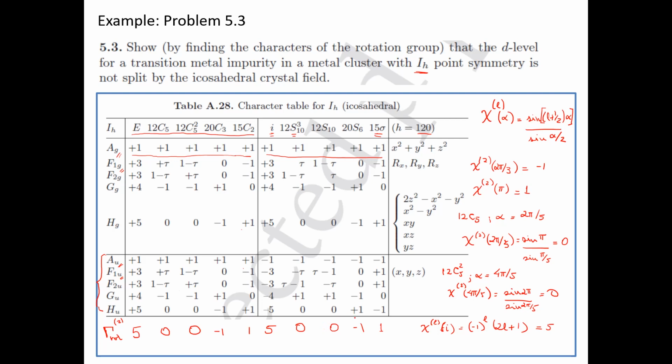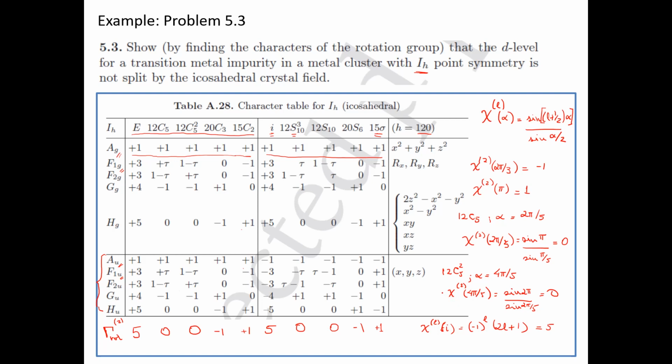Okay. All right. So these are the characters for this particular representation of the full rotation group, and what we want to know is to see how they decompose when you lower the symmetry to Ih.